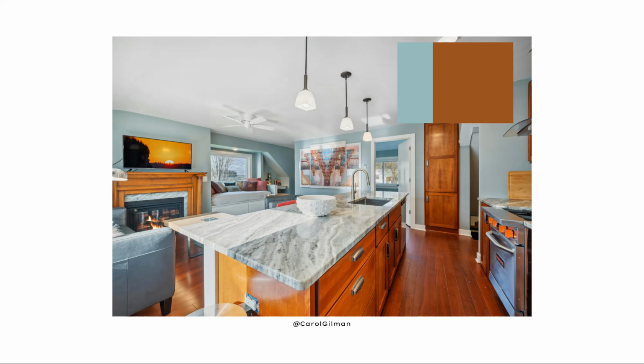And then this room is a great example of an orange and blue complementary color scheme. Right away, we can see the walls are blue, and then if we look at the cabinetry and the wood floor, we're going to notice it kind of has this orange, yellowy tone to it, stain color to it, and that's a complementary color scheme.